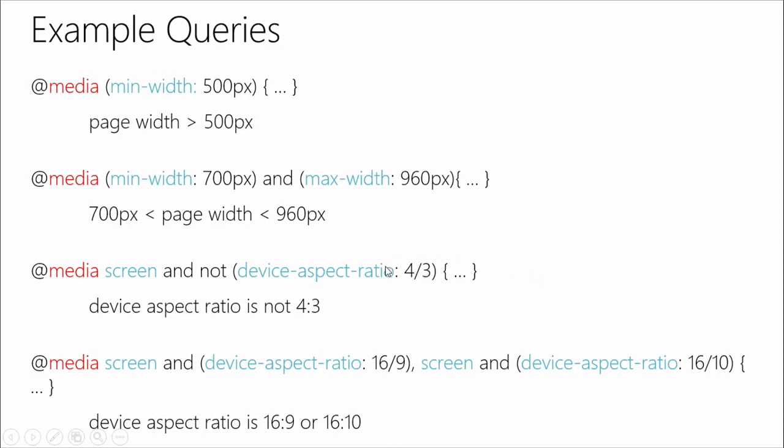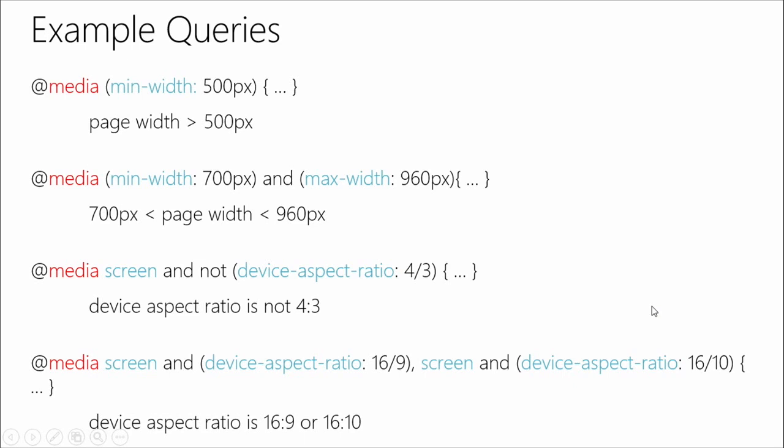Whereas the bottom one is media screen and device aspect ratio 16:9 and 16:10. These would query for these two aspect ratios, and it would apply only if the aspect ratio is 16:9 or 16:10, so widescreen devices, for instance.